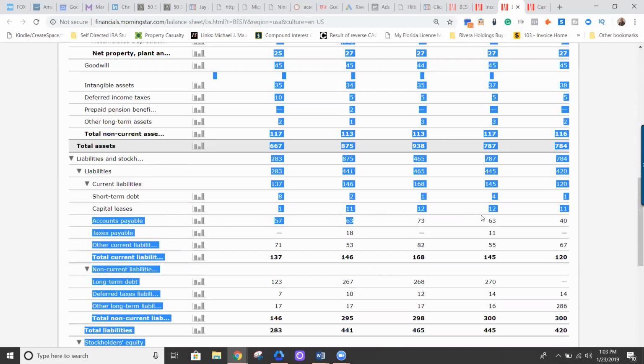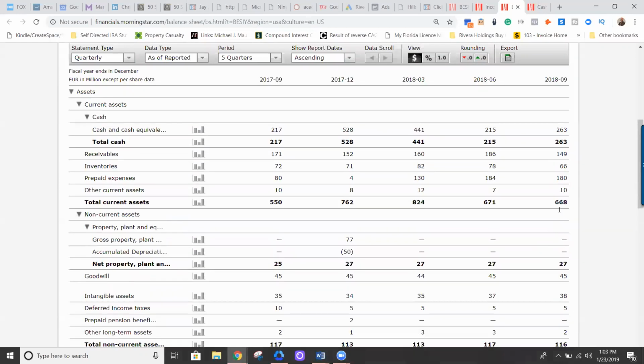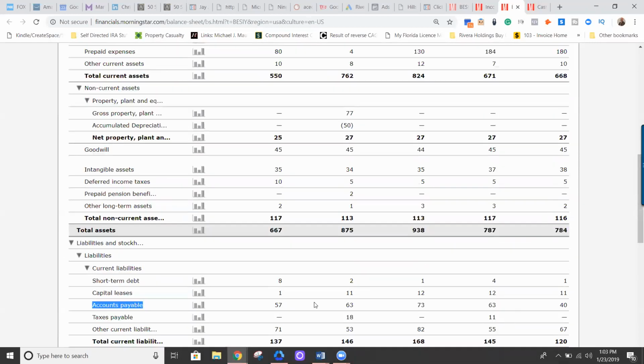Same thing down here. They could use this capital. Accounts payable is essentially money they have to pay in the future, correct? So essentially what they've done here is they've taken that money from here, or put it here, and they've taken it from here.